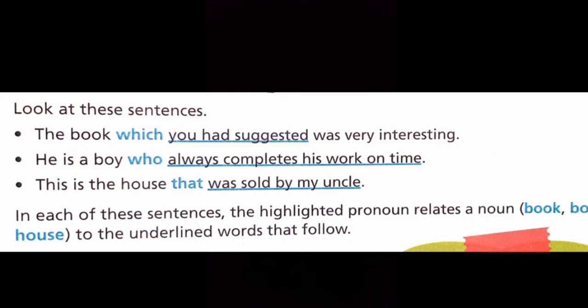In each of these sentences, the pronouns are which, who, that. And this pronoun relates a noun, that is book, boy, house, to the underlined words that follow.